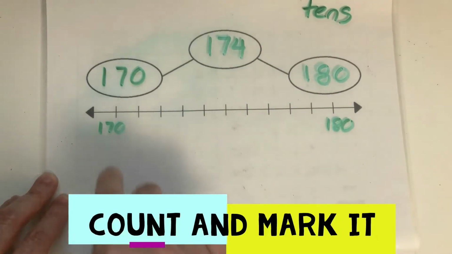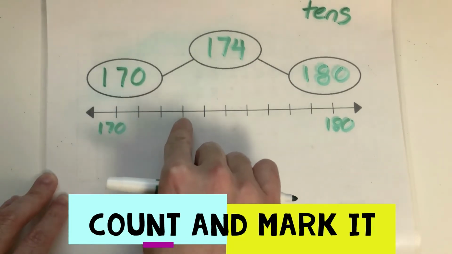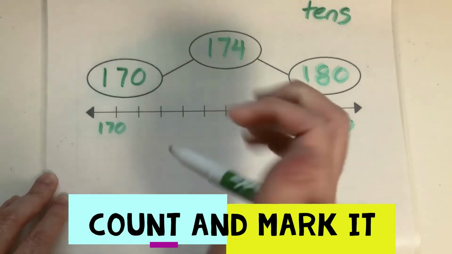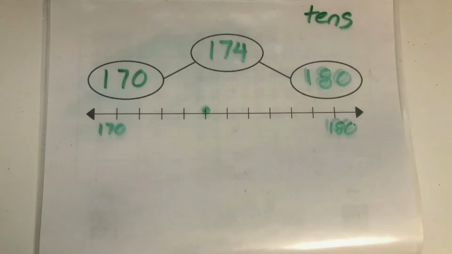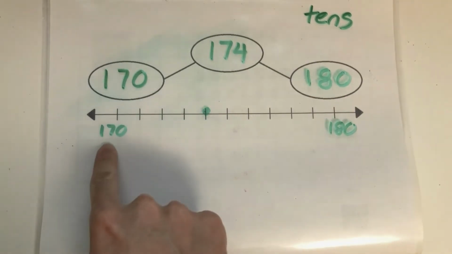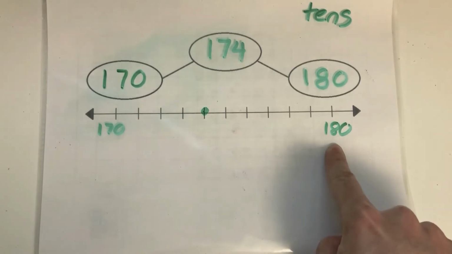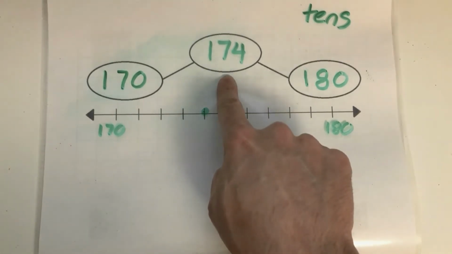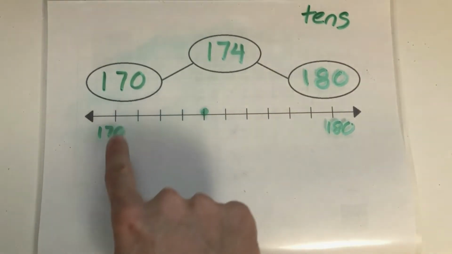And we count. 171, 172, 173, 174. 174 is closer to 170 than 180. So when we round 174 to the nearest tens, it rounds to 170.